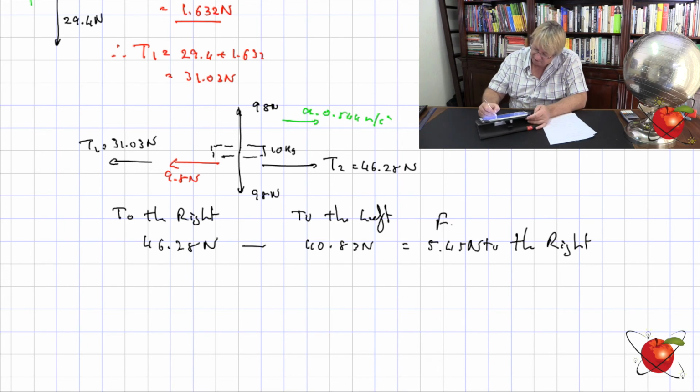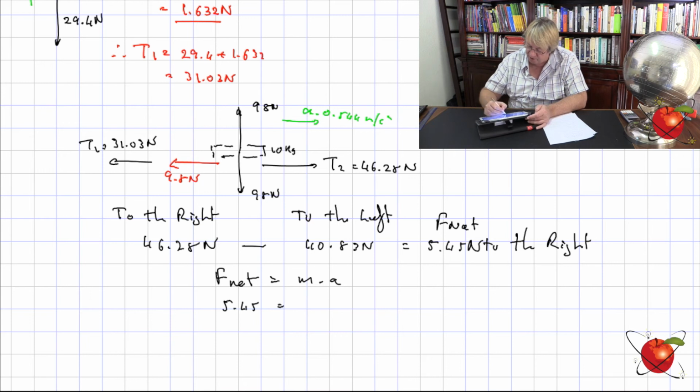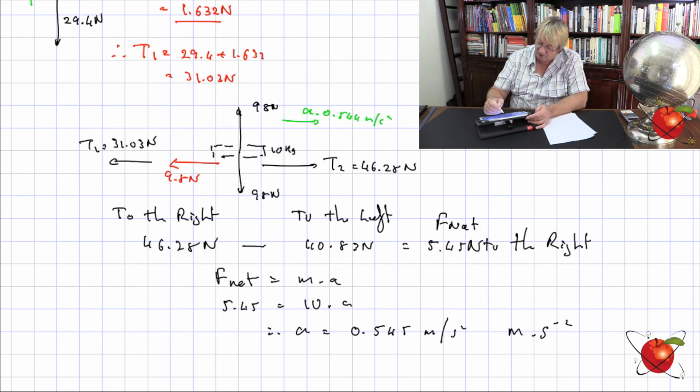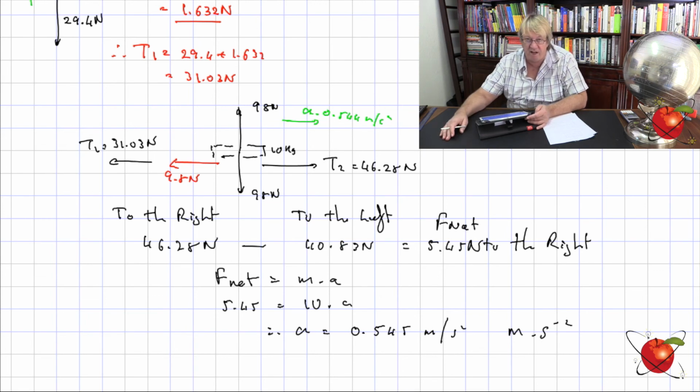F net is going to be equal to ma. 5.45 must be equal to mass, it's my 10 kilo block, times a. Therefore, a must be equal to 0.545 meters per second squared. And look, that ties up with the 0.544 that we calculated. Therefore, in the third decimal place, that's a rounding issue that we've got.